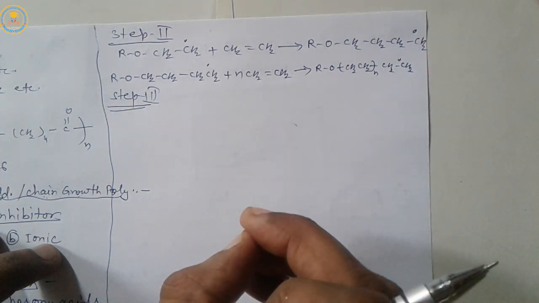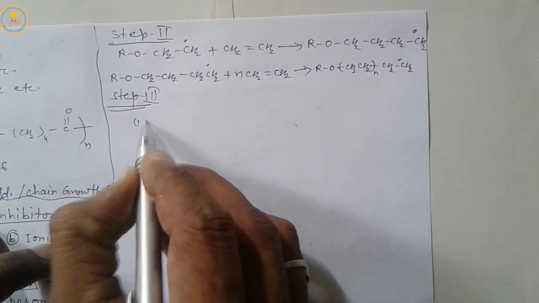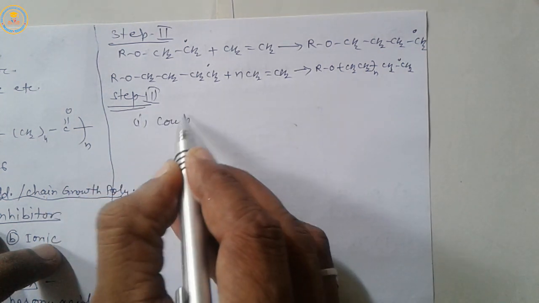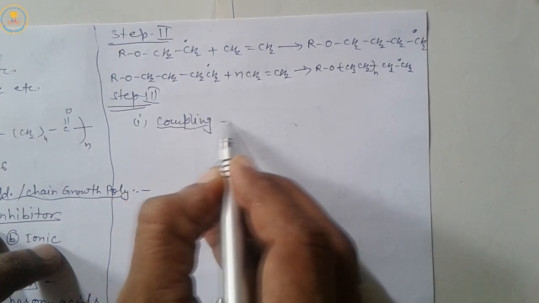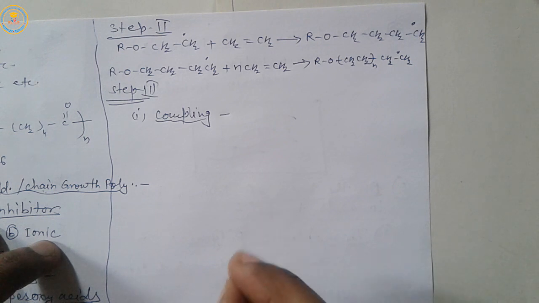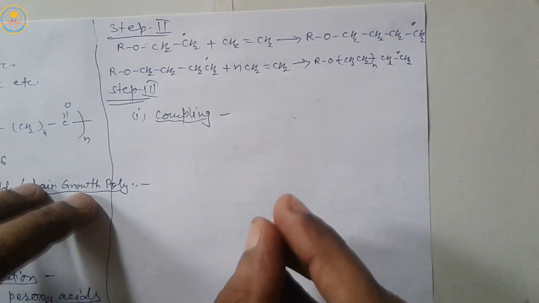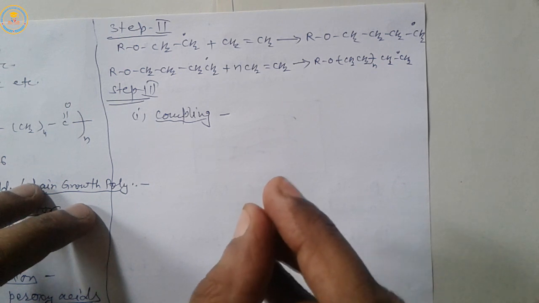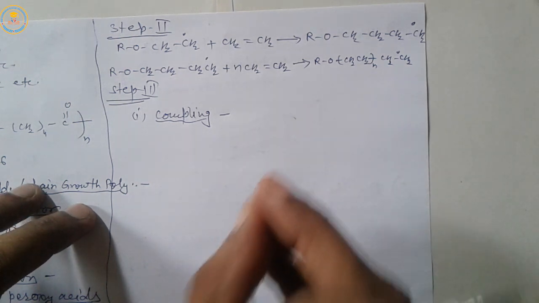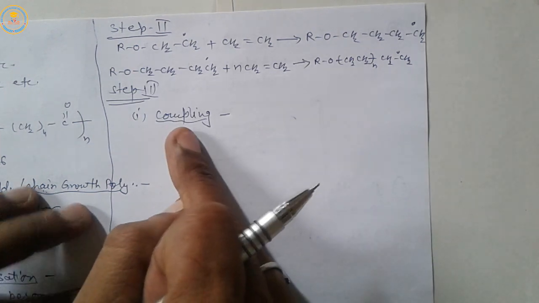This step is possible in four ways. First is coupling. Two growing polymer chains having free radicals combine together to form a neutral polymer molecule. This is called coupling.